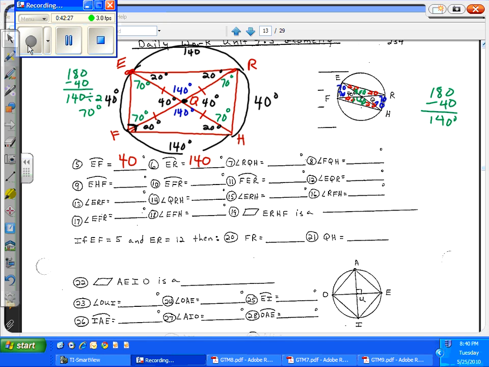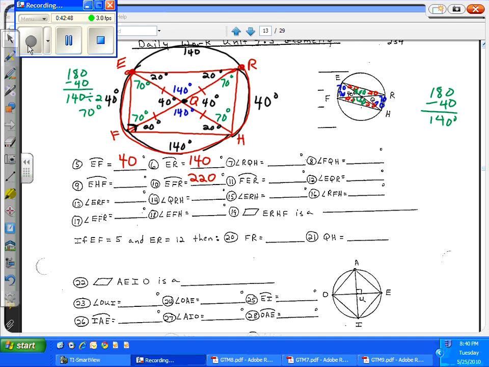EFR. EFR would be the long way around. From E to F is 40, plus 140 is 180, plus 40 is 220. From E to F to R, 220 degrees. Okay? You can fill in the rest.